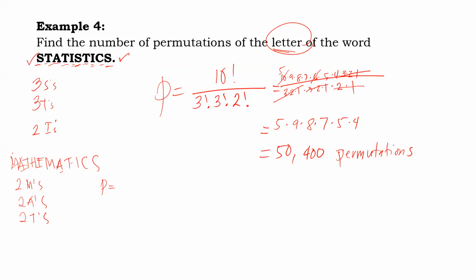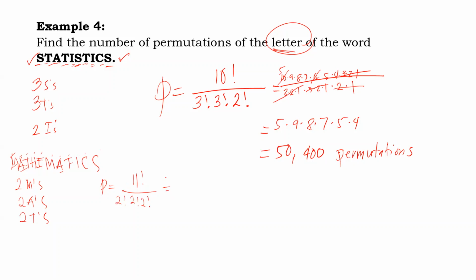Now, bilangin lahat ng letter. 1, 2, 3, 4, 5, 6, 7, 8, 9, 10, 11. 11 factorial over 2 factorial times 2 factorial times 2 factorial.